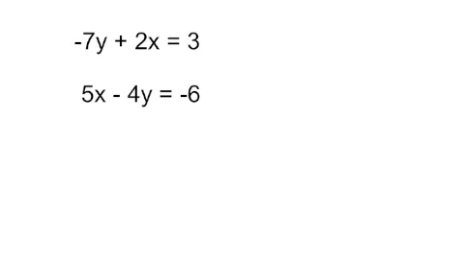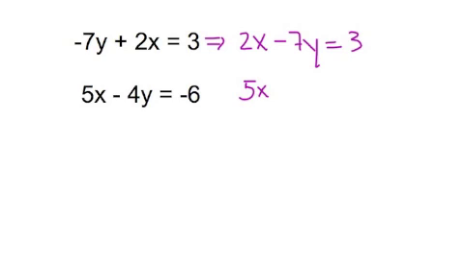Okay, so this is an easy fix. Let me rewrite the top equation as 2x minus 7y is equal to 3. And I'm going to leave the second equation the way that it is written: 5x minus 4y is equal to negative 6.